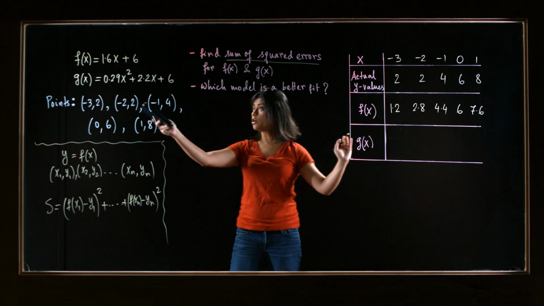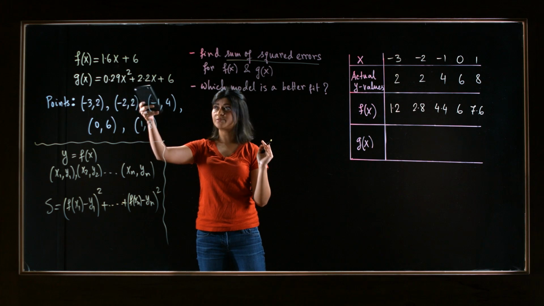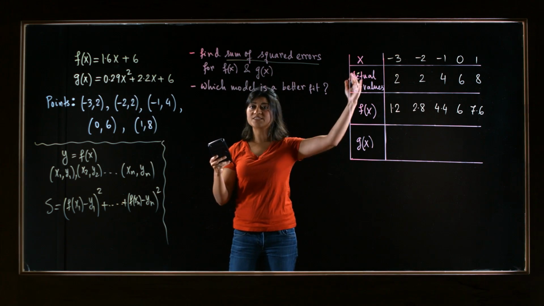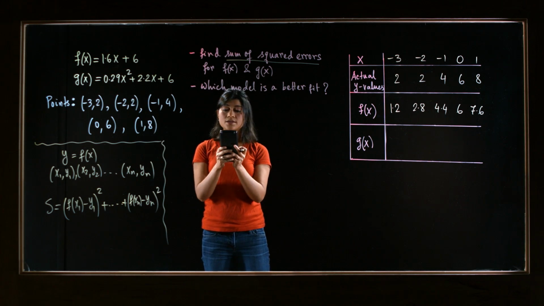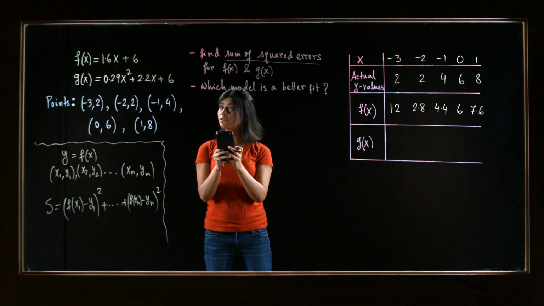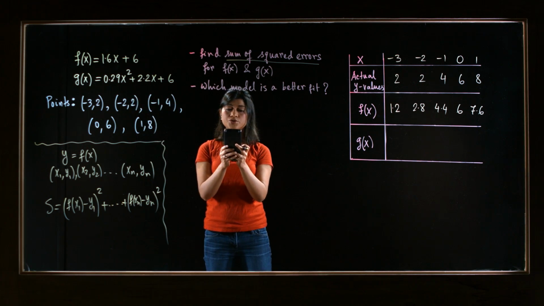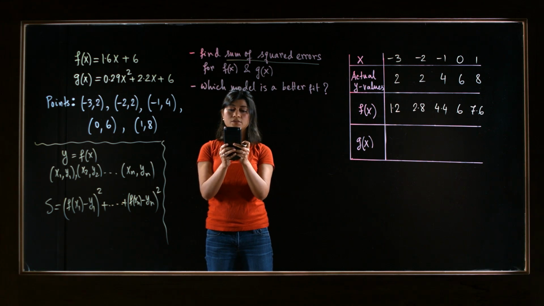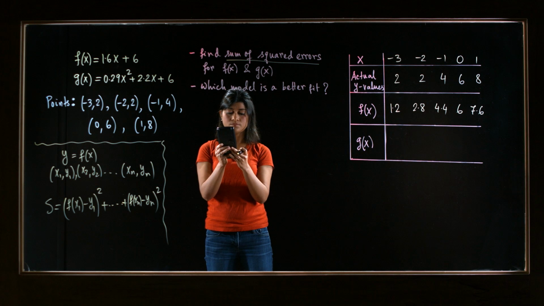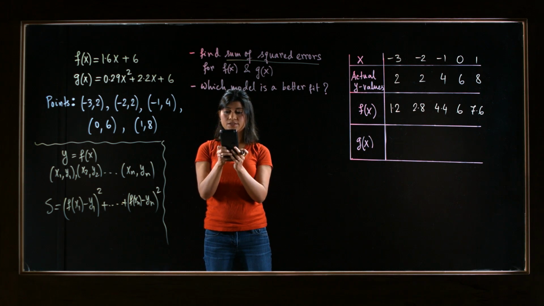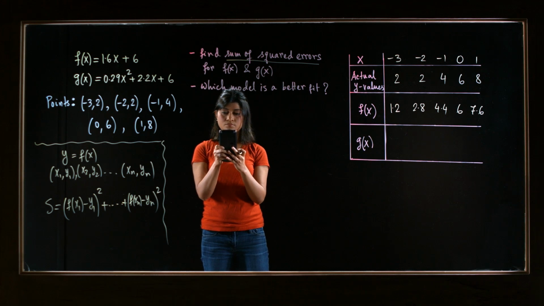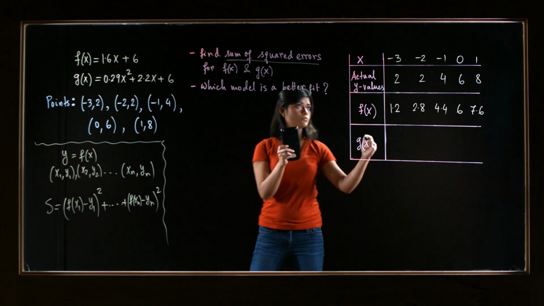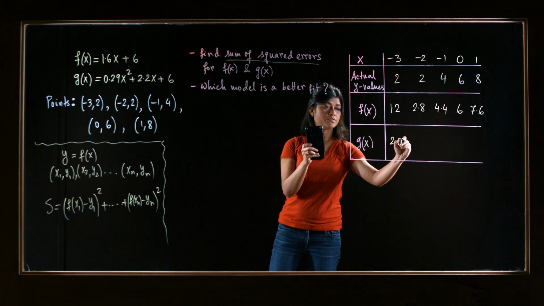Now for the quadratic model, we take the second expression, the expression for g, and plug in the x values again. So let's do 0.29 times -3 squared plus 2.2 times -3 plus 6. And we get 2.01.